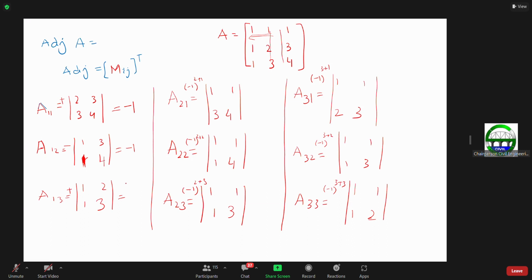A13 is 1. Okay, A21. A21 is equals to minus 1. And A22, 3. And A23, minus 2.